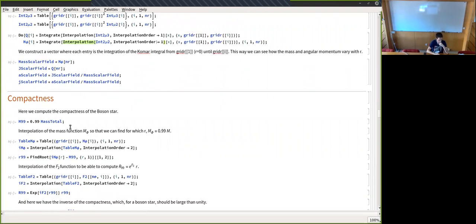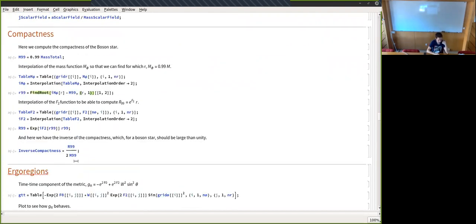So you can use this and interpolate that, so we can find for which radial coordinate we have 90% of the total mass. Having that radius, you can now compute the perimeter radius using the formula that I mentioned before. And finally, we also have to interpolate the f2 function to compute that value. We can put in the perimeter radius and then get the inverse compactness.